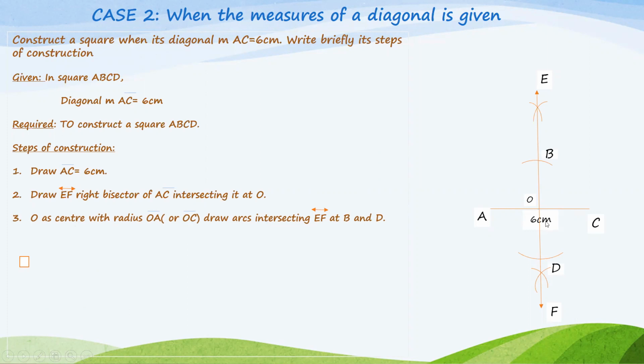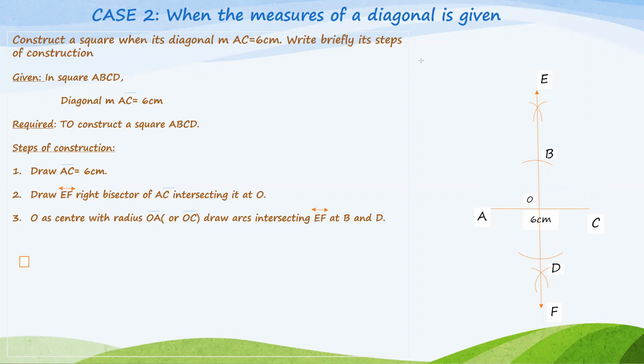Draw arcs which intersect EF at points B and D. Now finally, students, take the scale, the ruler in your hand, and join point A to B, B to C, C to D, and D to A properly.